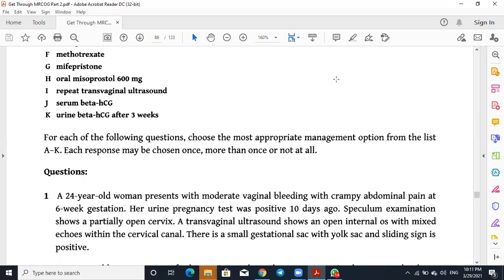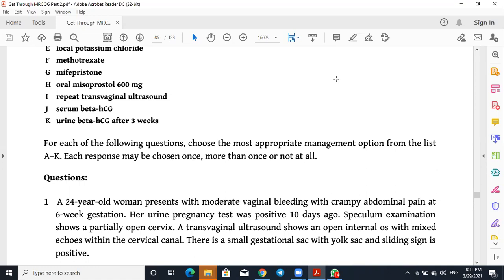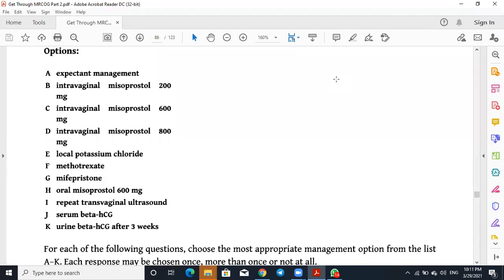This means blood. Gestational sac, yolk sac, and sliding sign positive. Sliding sign positive means that this is abortion. This is inevitable abortion. What will you do? Wait and see. Expectant.